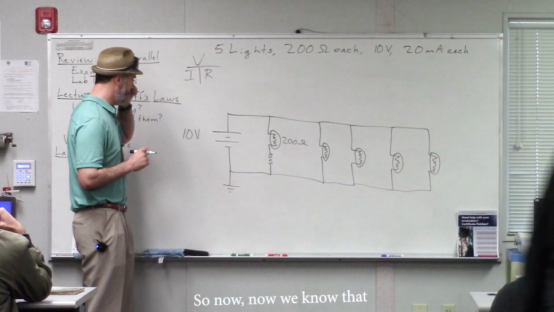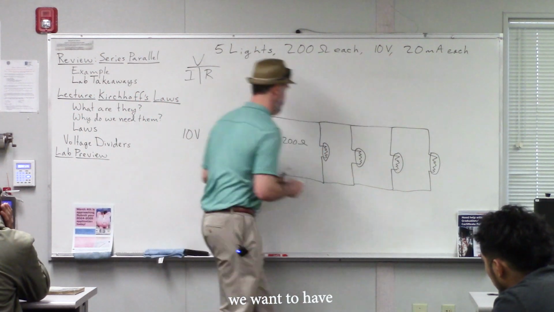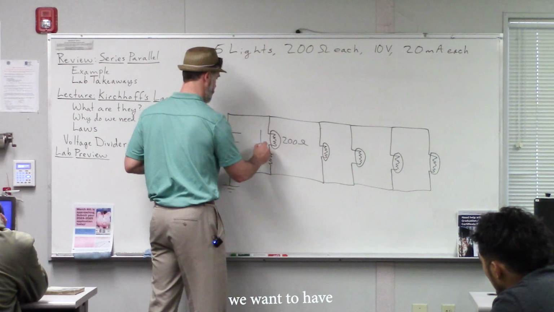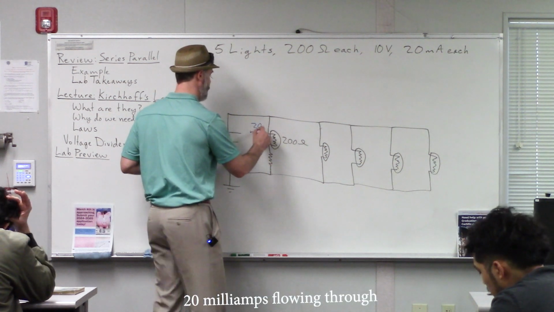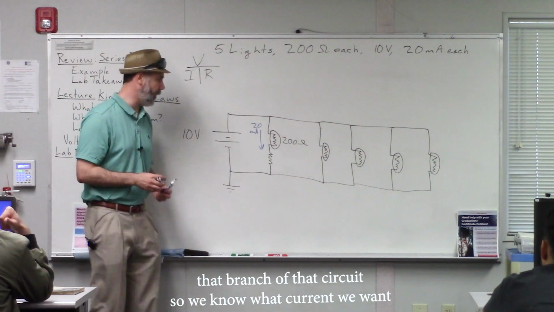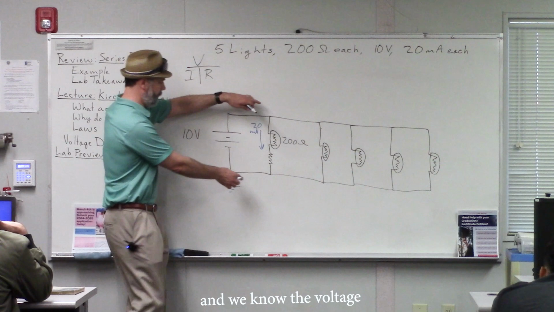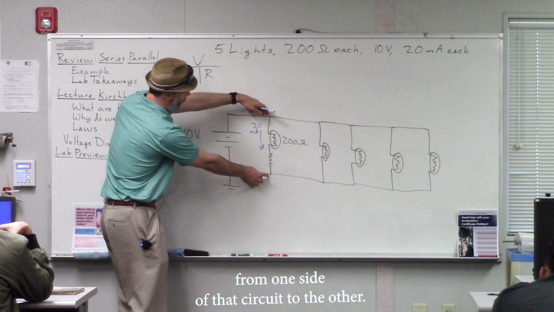So now we know that we want to have 20 milliamps flowing through that branch of that circuit. So we know what current we want, and we know the voltage from one side of that circuit to the other.